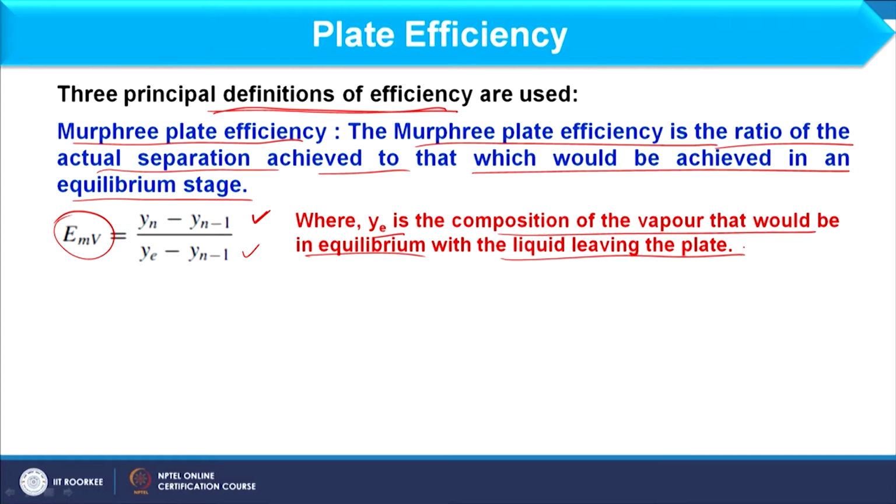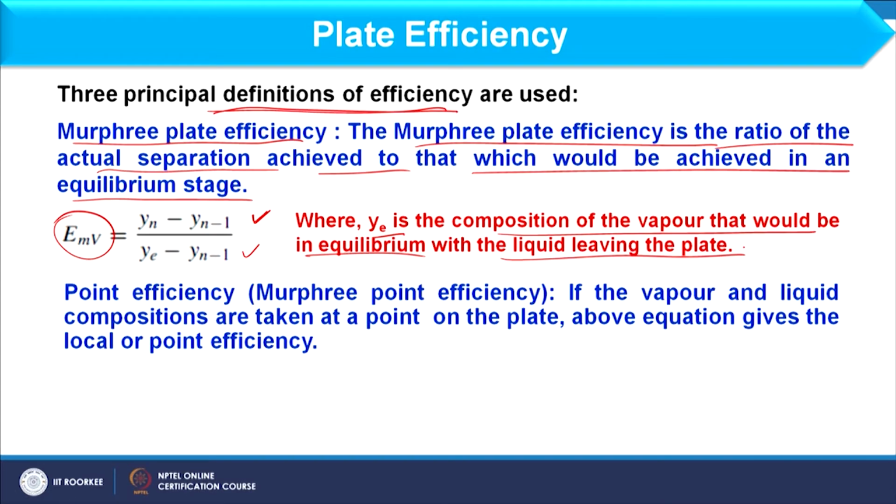I think this definition is known to you already. Further we have the point efficiency, which is again the Murphy point efficiency, because the scientist's name was Murphy. If we know the vapor and liquid composition at a particular point in the plate, we consider that as point efficiency.